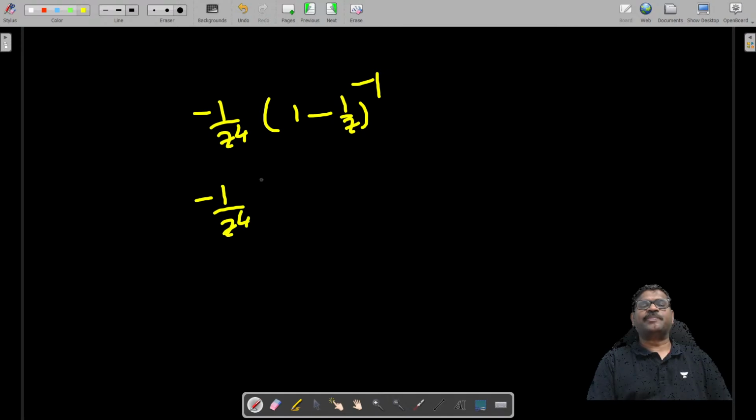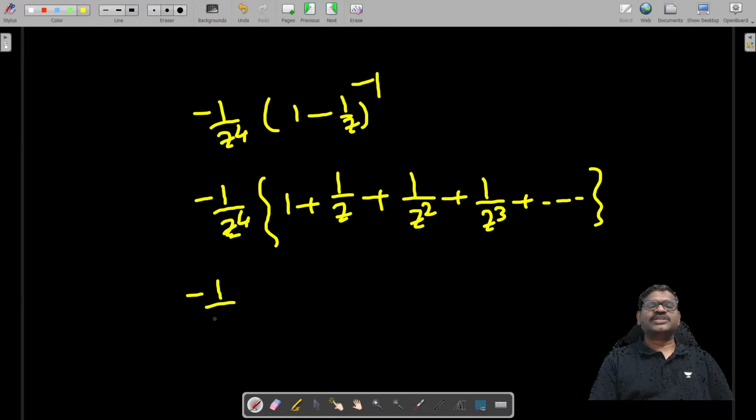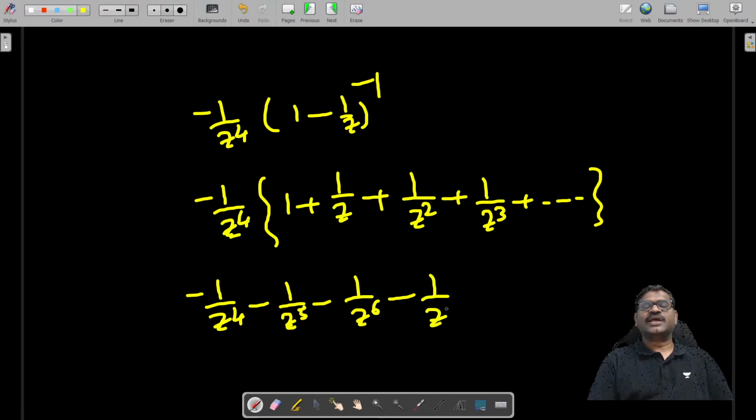Minus 1 by z power 4 into 1 plus 1 by z plus 1 by z square plus 1 by z cube and so on. Minus 1 by z power 4 minus 1 by z power 5 minus 1 by z power 6 minus 1 by z power 7 and so on.